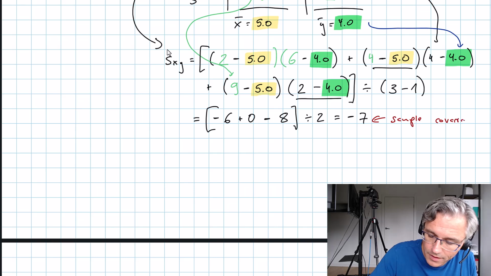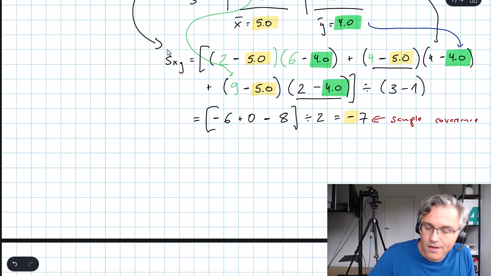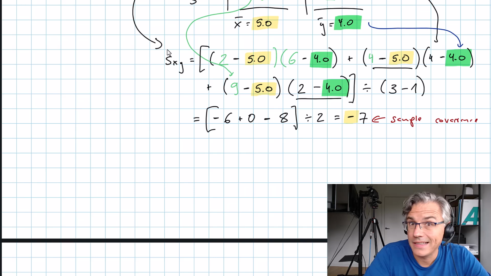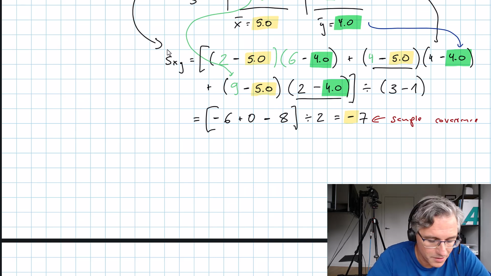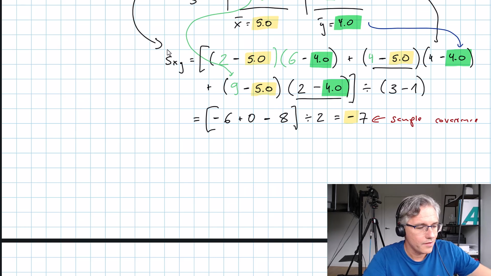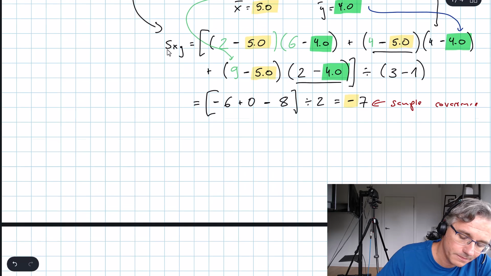Now, there are 2 things I want you to appreciate about this. First of all, the sign of covariance is important, but the actual value, whether it's minus 7 or minus 70, is much less important, right? The sign is important. The actual value doesn't tell us much. Now, why is the sign important?